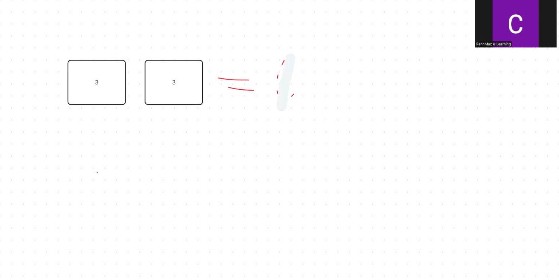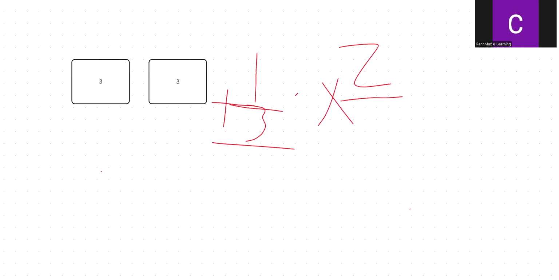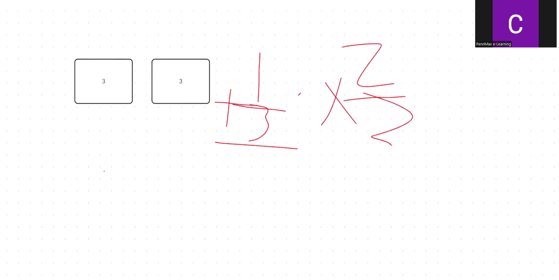Like addition, 1 plus 3, and then you have this. It's the same thing like this, 2 times 3. So, like 1 plus 3 is 4. It's the same thing. You just have to times this, and it'll equal the answer.